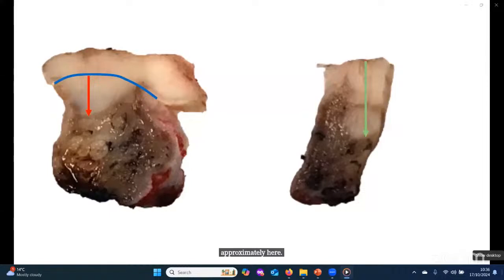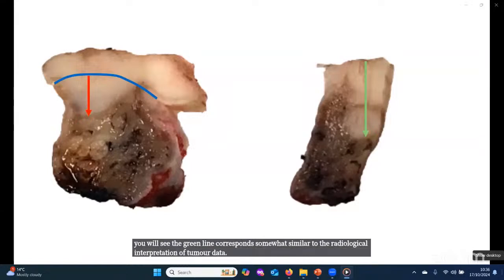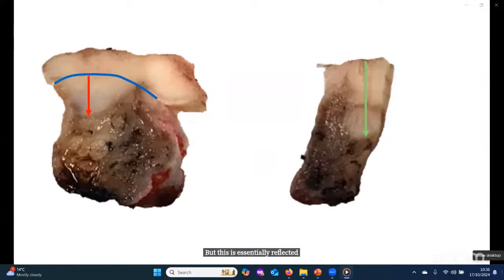This is in contrast to the perpendicular slice, which at first glance you will see the green line corresponds somewhat similar to the radiological interpretation of tumour depth, but this is essentially reflected in tumour thickness rather than depth.